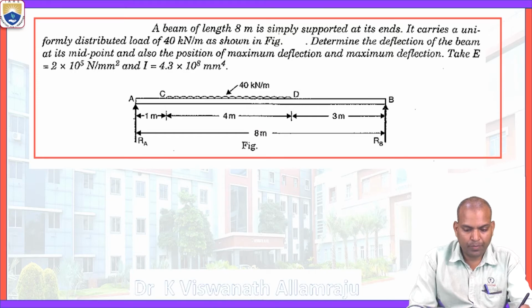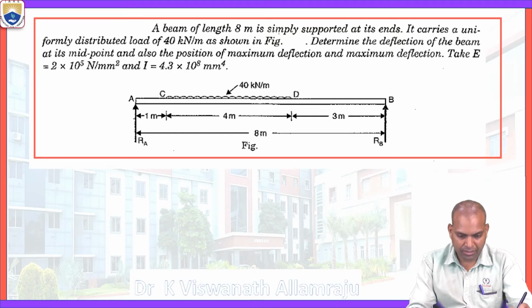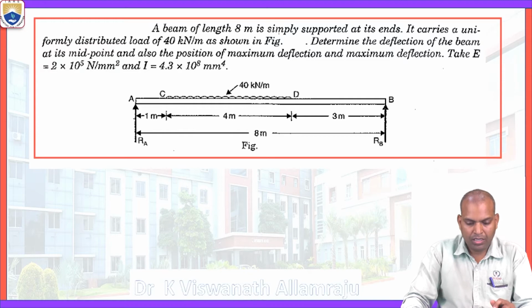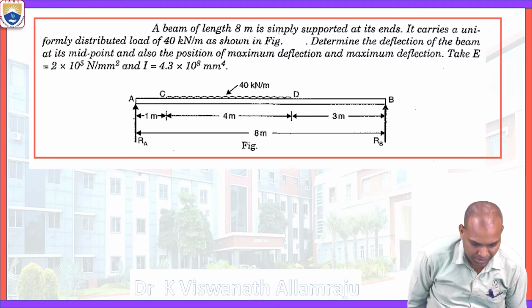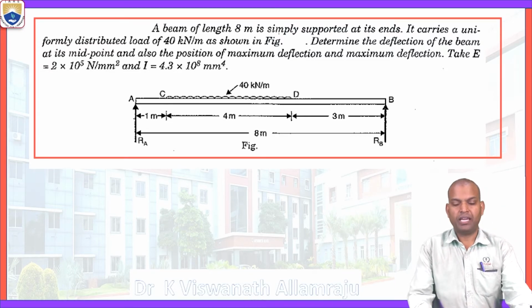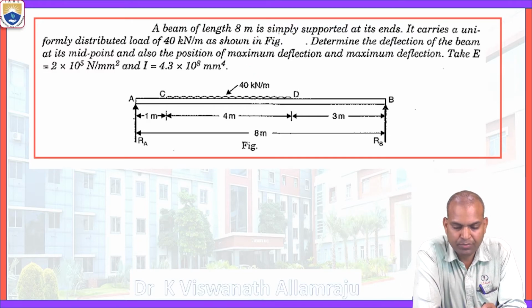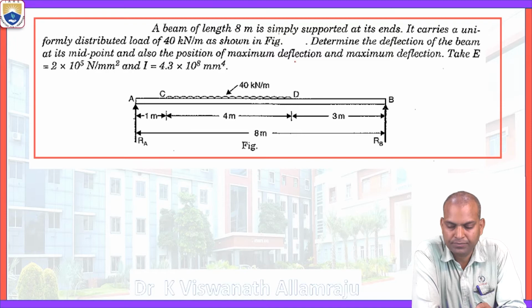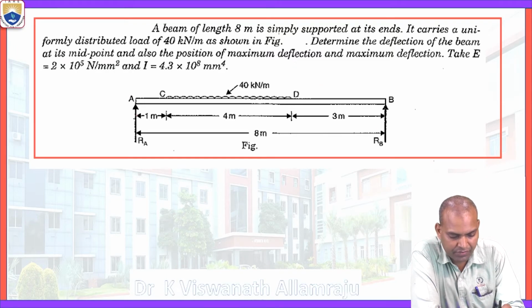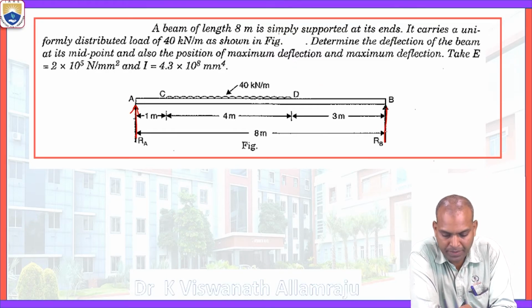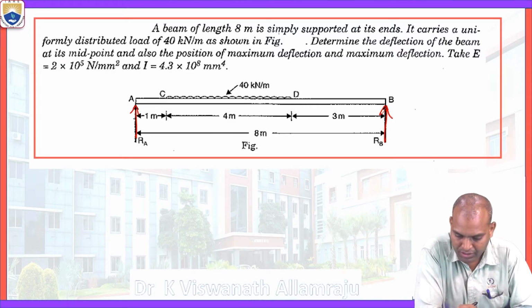Now, let us consider some problems in Macaulay's method. In this case, a beam of length 8 meters is simply supported at its ends. We are considering only simply supported beams with various types of loads.